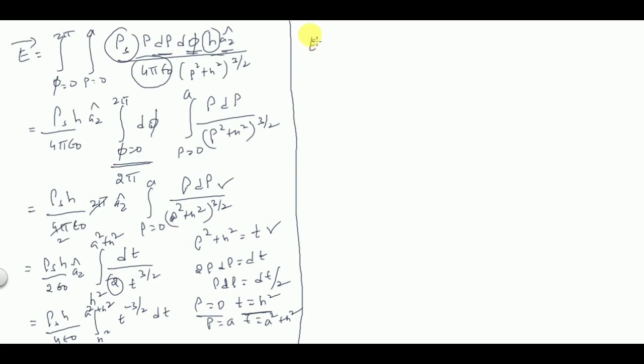Okay, so then E bar is equal to rho s into H by 4 epsilon naught into t power minus 1 by 2 divided by minus 1 by 2. Limits are from H square to a square plus H square. Okay, so this becomes minus 2 rho s H by 4 epsilon naught.